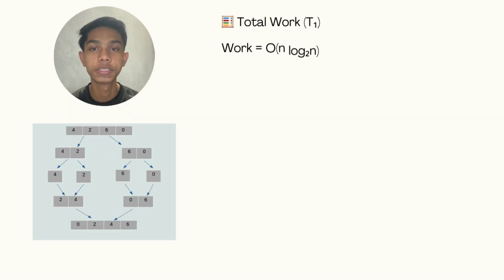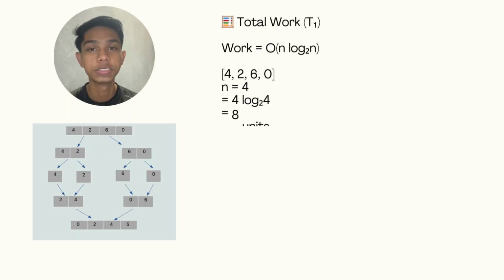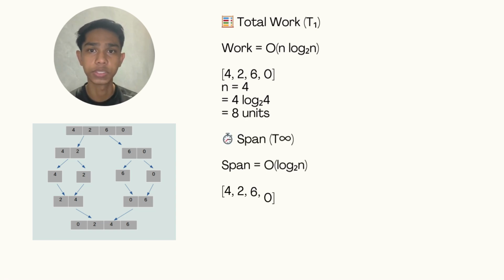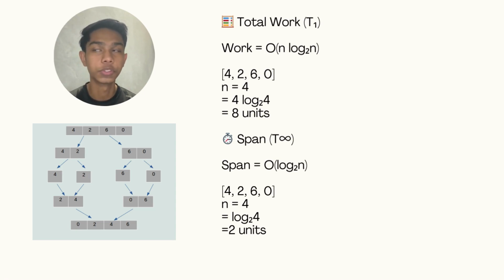So today I will talk about total work and span. The first one is total work. Total work is the total number of operations performed regardless of parallelism, as if on a single processor. From this image we are given four numbers, 4, 2, 6, 0, so n is equal to 4. The work formula is O(n log₂ n).